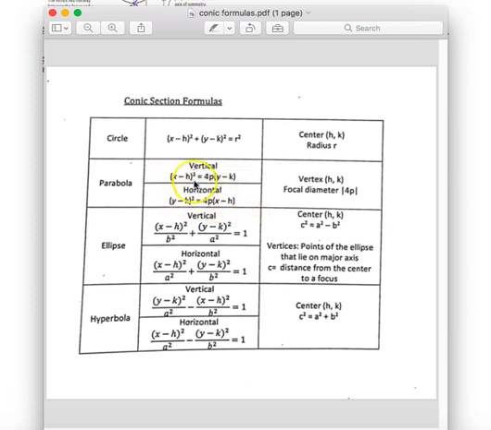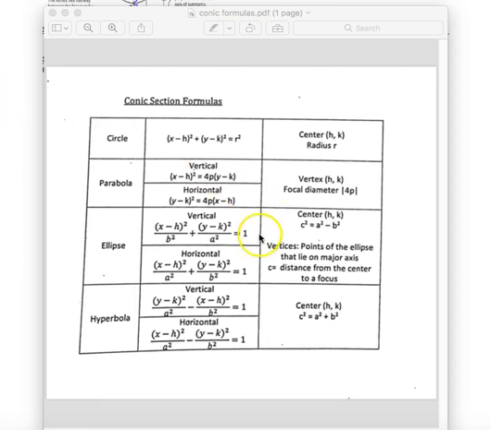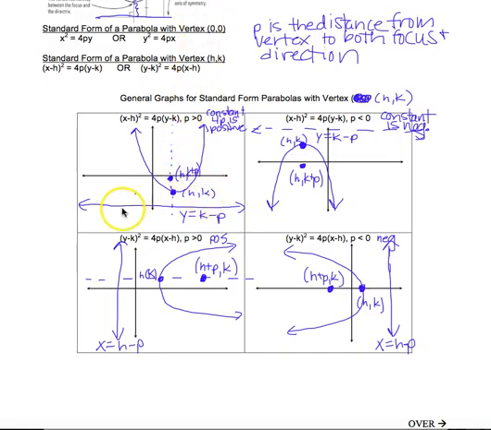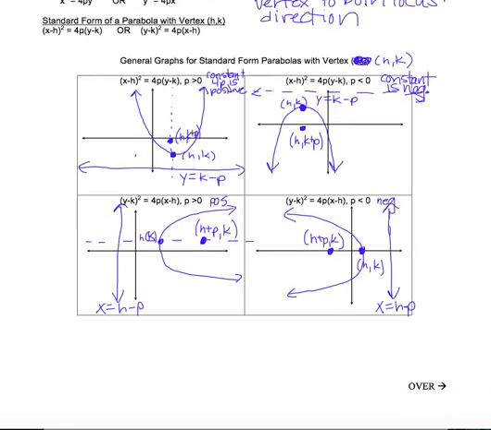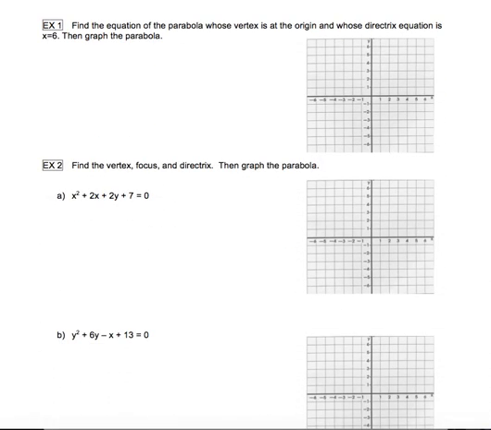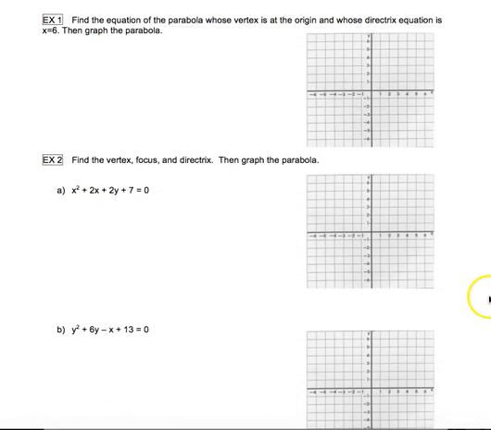Notice that this does not give you the sign, so you will need to know which is positive, negative, and whether it's left, right, up, or down. It does give you the vertex at h, k, and then focal diameter is 4p, which we'll talk about with the actual graphing. So let's move on to some examples with actual graphing here.